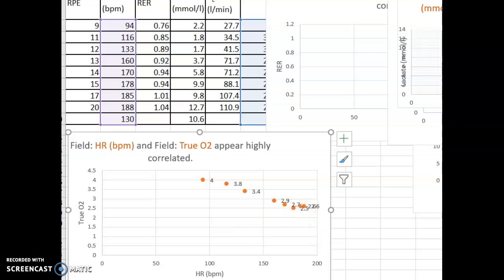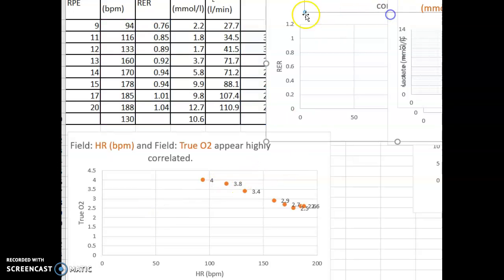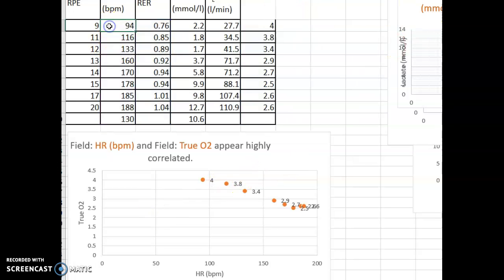So to conclude, let me just go back up here to the actual data table. To conclude, I would say that the lactate threshold, I've been saying 178, but is maybe a little bit closer to 180, just because we also have the RPE here, so that's usually between 14 and 16, but I think somewhere in between this 15 to 17 range, but closer to the 15 range is probably where that lactate threshold is.